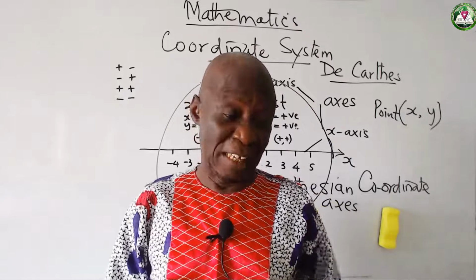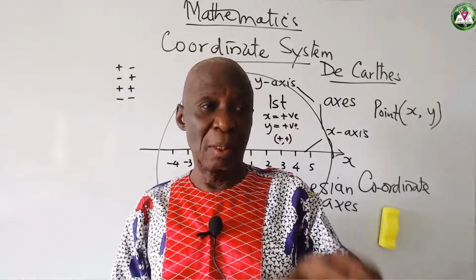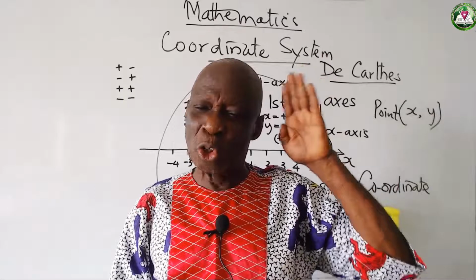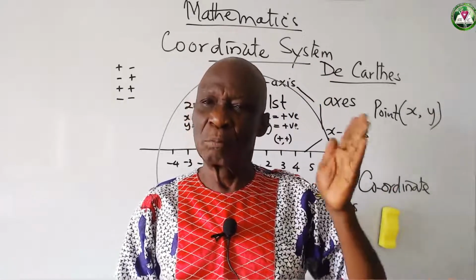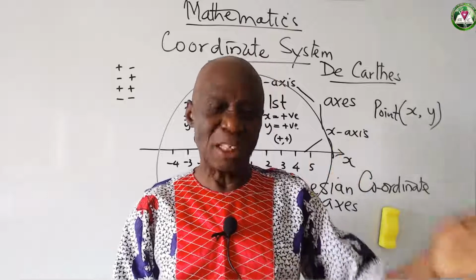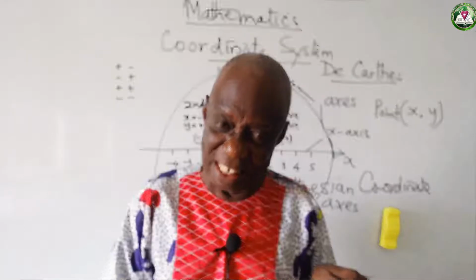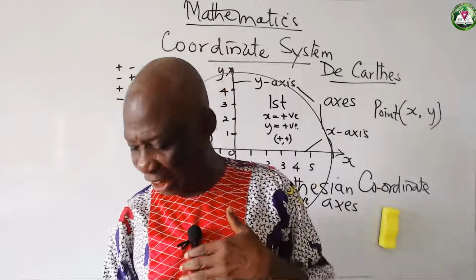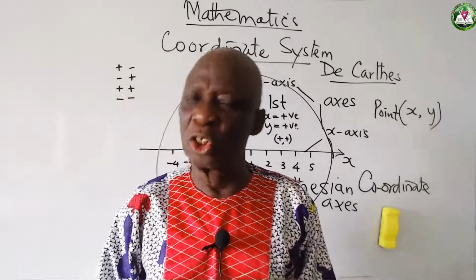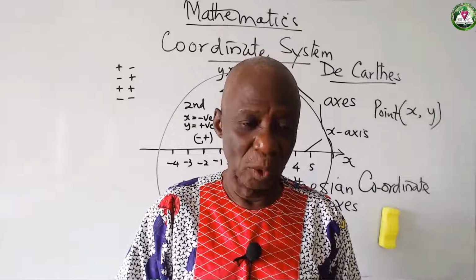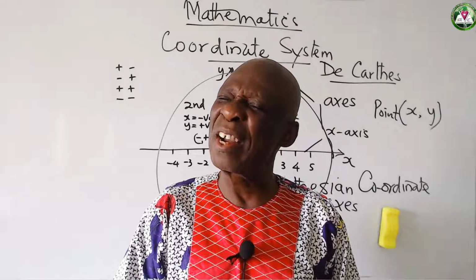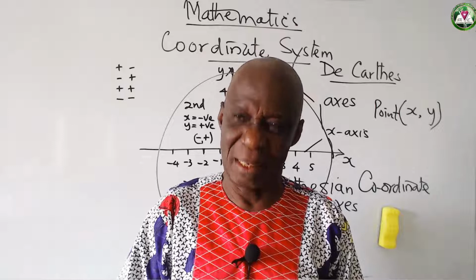It therefore means that for us to continue this lesson, you need to be ready next time with your graph papers. So that as we are talking, you are recording your own. And what we use in our graph, we don't use biro, we don't use pen. We use 2 very important things supported by 1.